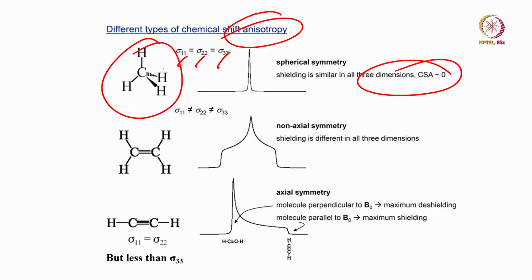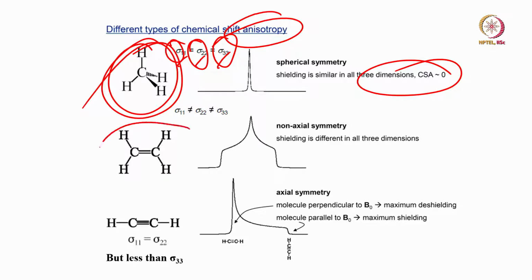So what I am trying to say is that the chemical shielding anisotropy is also dictated by the symmetry of the molecule. In the case of CH4, there is spherical symmetry. As a consequence, sigma 1 equals sigma 2 equals sigma 3, and there is no CSA at all.